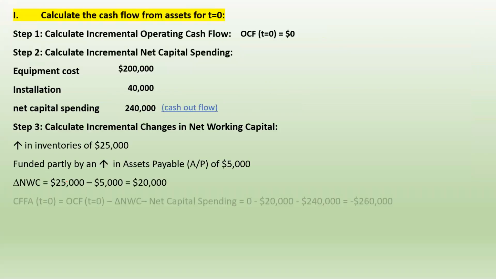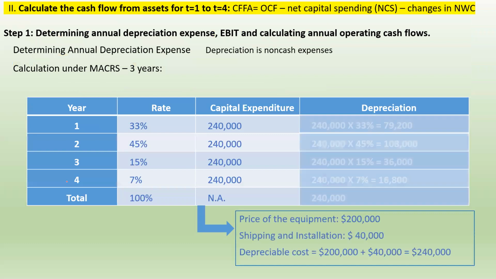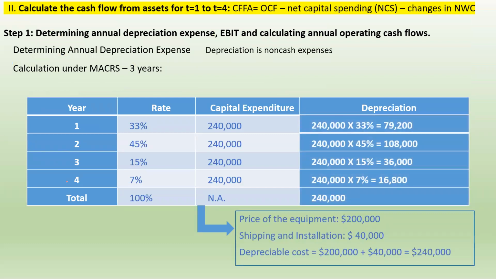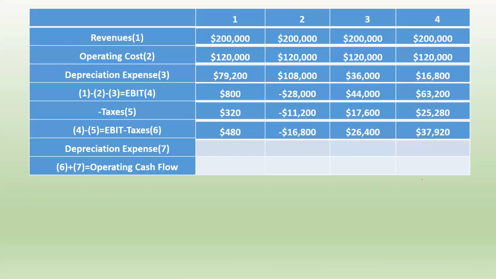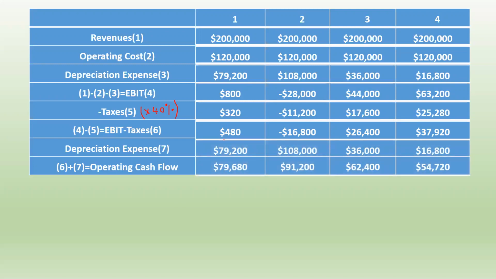And the depreciation is what we calculated here from year 1 to year 4. Tax is 40% of the EBIT. And then we use earnings before interest and taxes minus tax, that is net income. And we add back depreciation, that is operating cash flow.